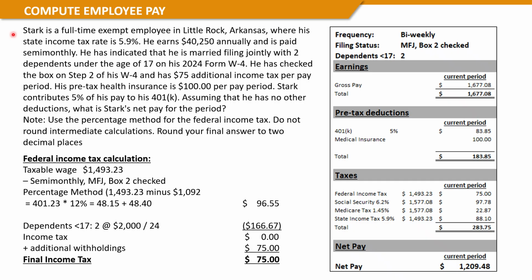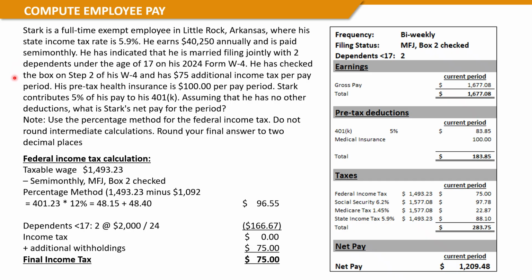Let's look at this next example using the percentage method. Stark is a full-time exempt employee in Little Rock, Arkansas, where his state income tax rate is 5.9%. He earns $40,250 annually and is paid semi-monthly. He has indicated that he's married filing jointly with two dependents under the age of 17 on his 2024 Form W-4.